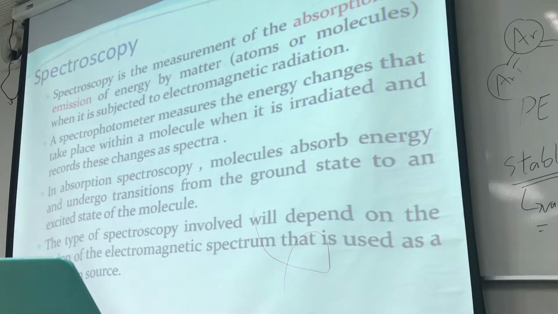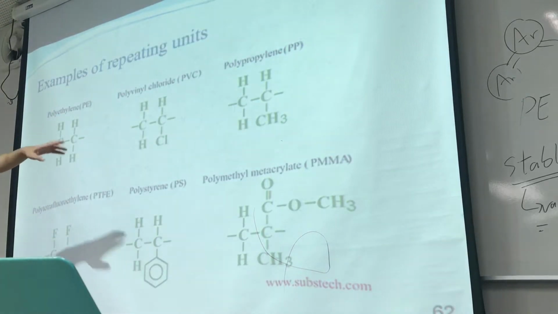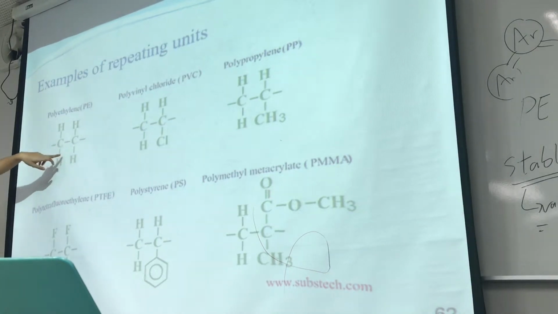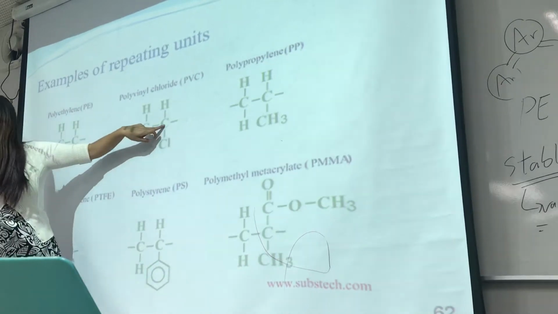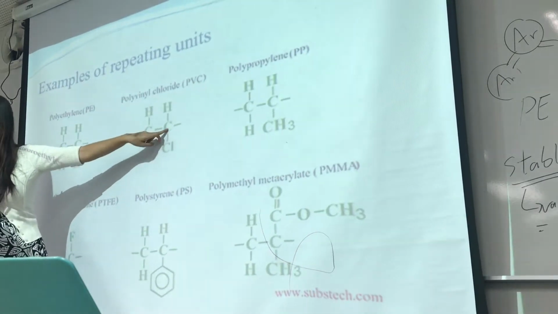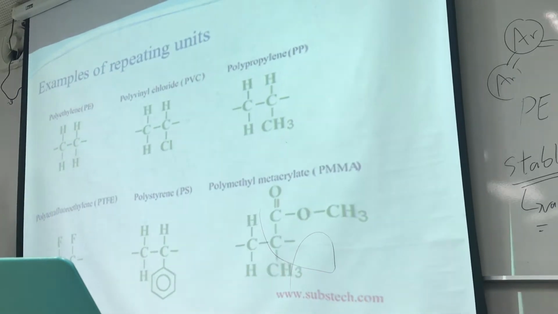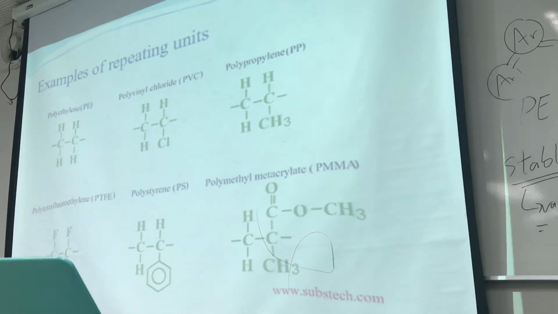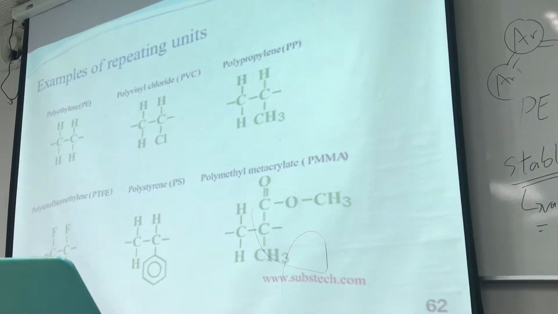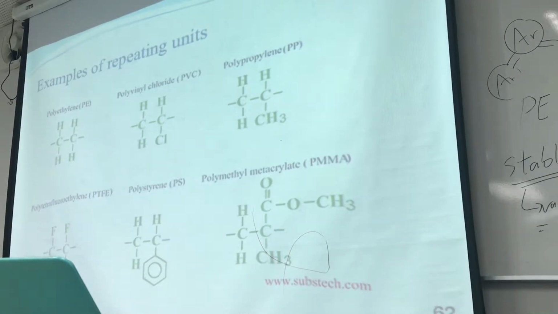For example, if C is bonded with C, that is one property. If C is bonded with H, that is another property. If C is bonded with Cl, another property. If C is bonded with all F, another property. So what we care so much about in the structure of a polymer is the bonding.